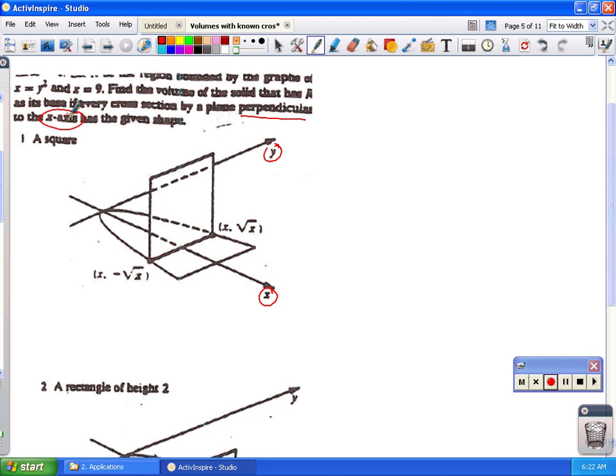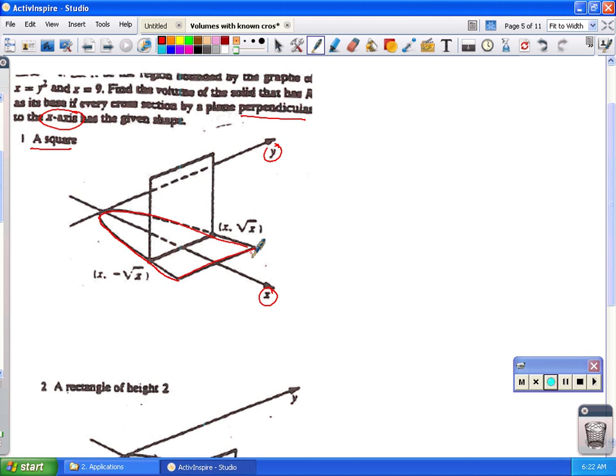Right away, I know that I'm going to be in terms of x because we're perpendicular to the x-axis. This time, we're going to make a square cake. So the base is the parabola, and the cake is going to be a square.